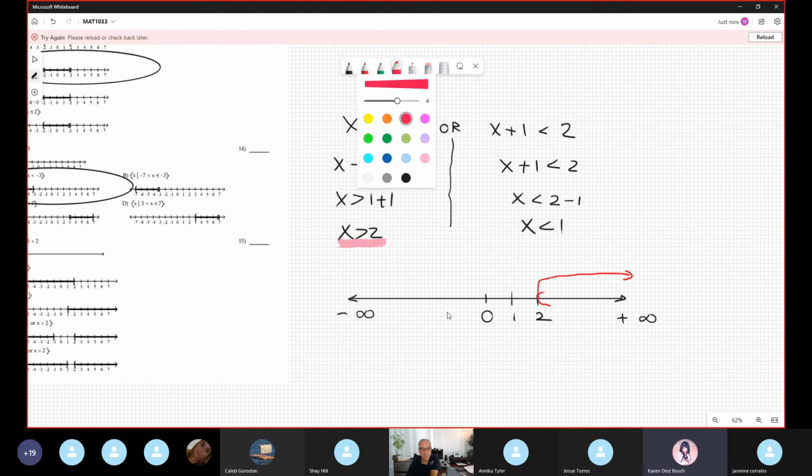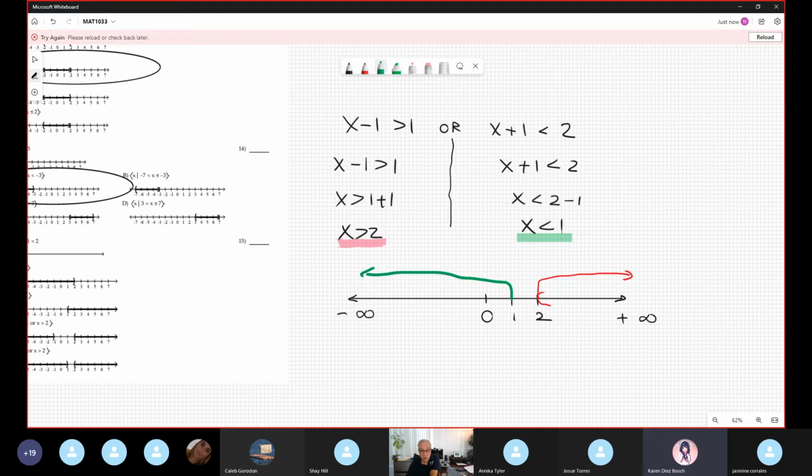Now, the green part, less than 1. So less than 1 is from 1 to the left. Not including 1, and the way to indicate this is parentheses. Okay, so now, how do you write the final answer? Well, let me use a gray color always for the final answer.